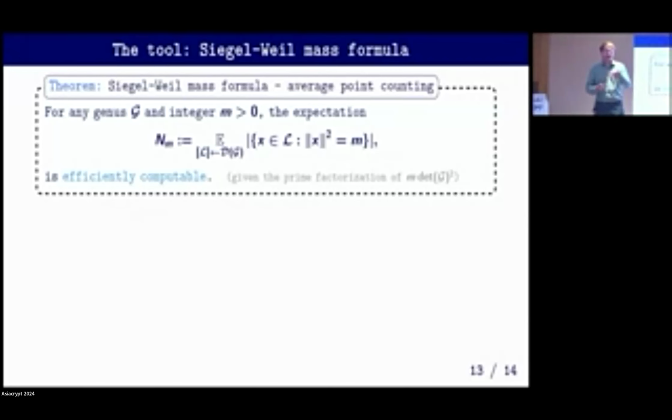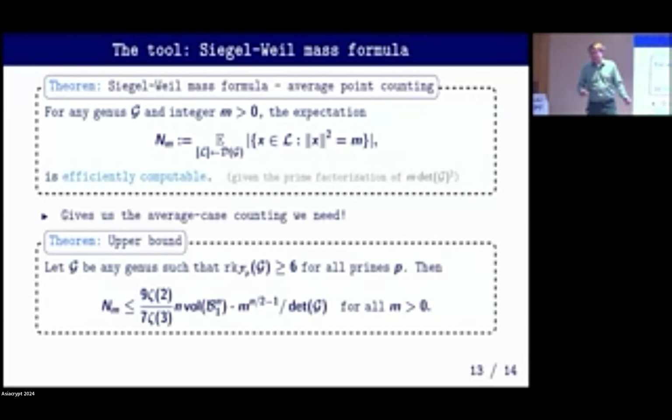Again, we have formulas for this, and we can compute it. And this is for me a very surprising result. This genus seems to be a very big, complicated thing, but in the average, we have formulas for it. And this gives us precisely the average case counting result that we need.